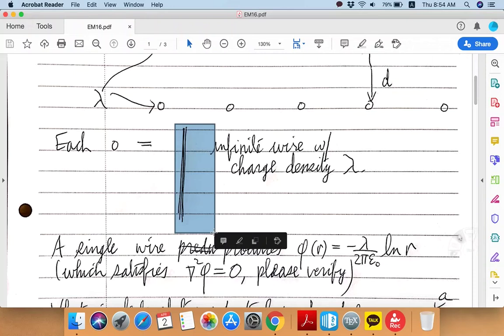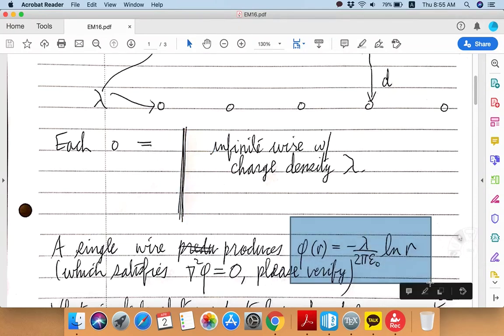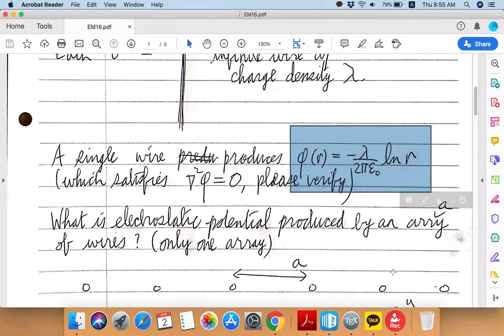If there's a uniform charge sitting on top of this wire of lambda, then the potential produced by such a wire is this function, log of r. I think we solved this problem back when we were talking about Gauss's law, and I hope this is a good chance to remind yourself of that solution.